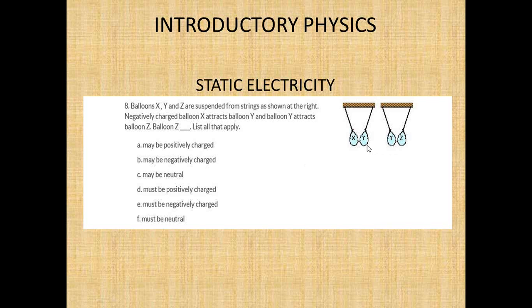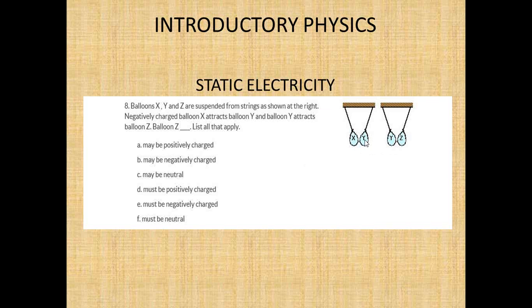We know that like charges are going to repel, and neutral objects never repel anything. If X is negative and attracts Y, then Y could be neutral or positive. We don't know for sure.